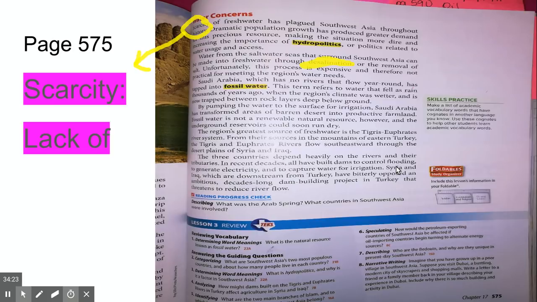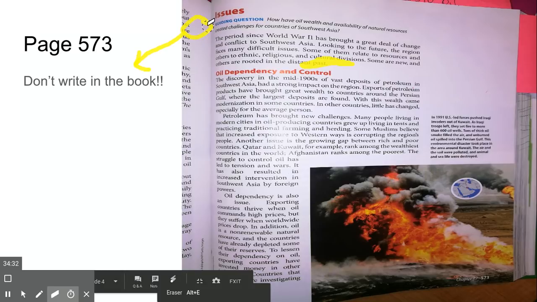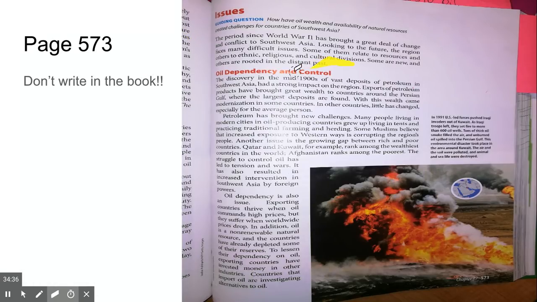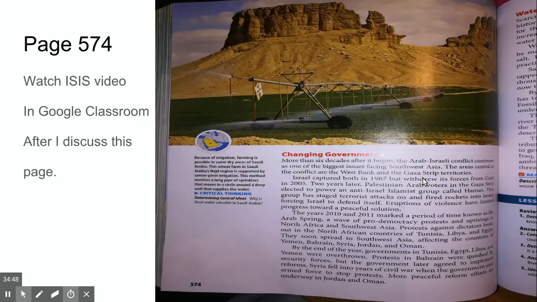Okay, so in this lecture, you've heard me talk about oil. Remember that oil equals what? Hopefully you said money. But not every country has an equal amount of oil, so that's going to lead to some conflict. Changing governments, the fighting between the Jewish people and the Muslim people in this area.